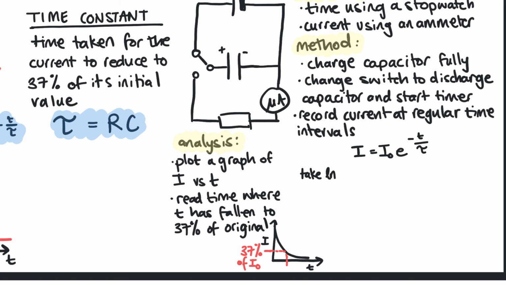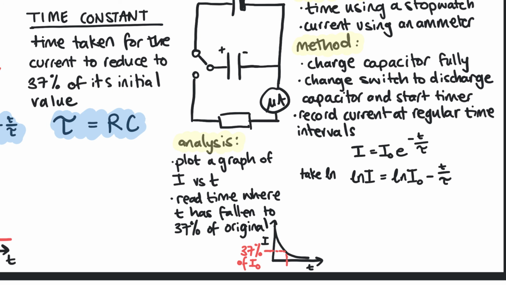What we'll end up with is the natural log of I is equal to the natural log of I0 plus the natural log of e to the minus t over tau. Now, taking the natural log of e cancels it out. So what we've actually got here is just minus t over tau. So I'm going to rewrite that as minus t over tau.